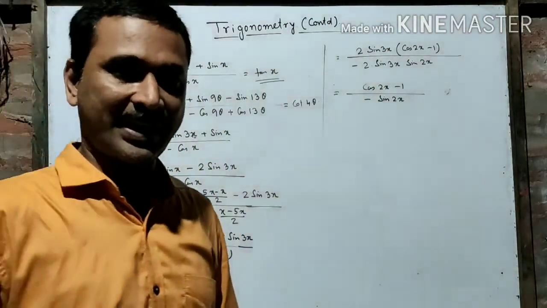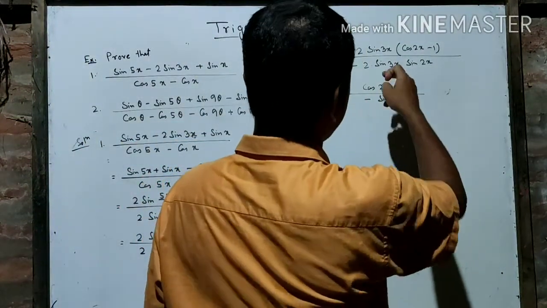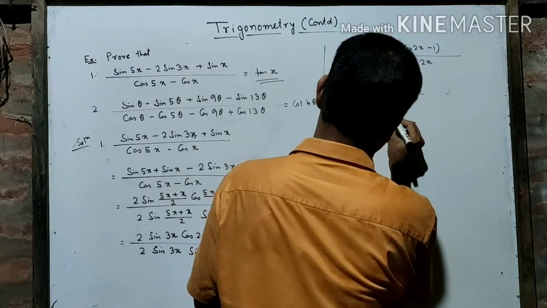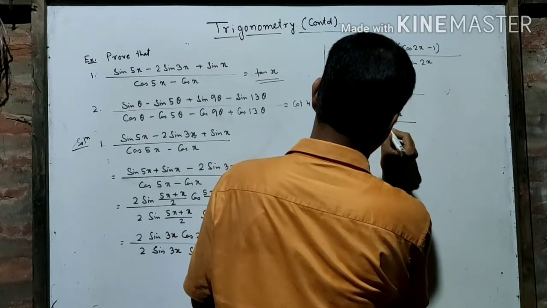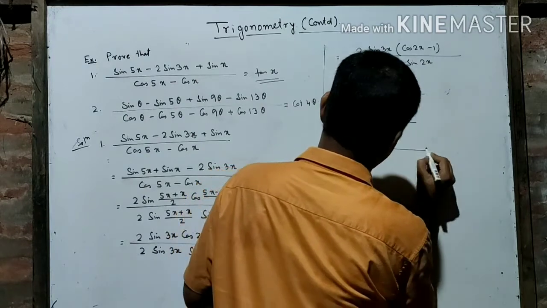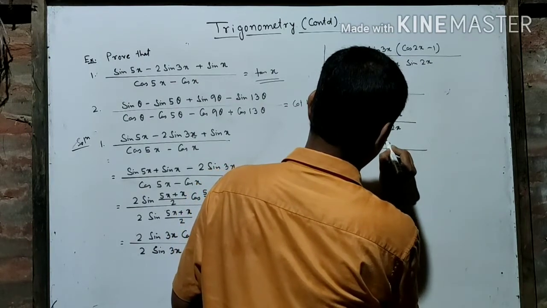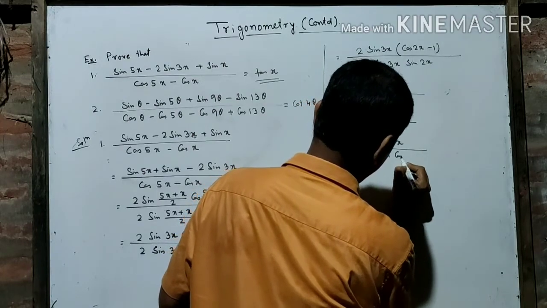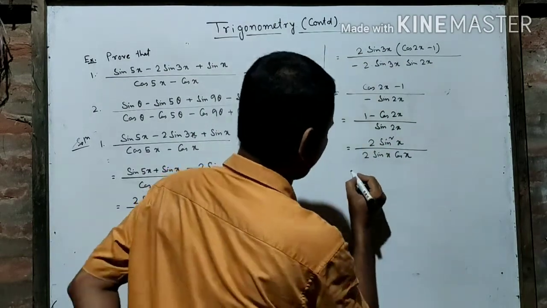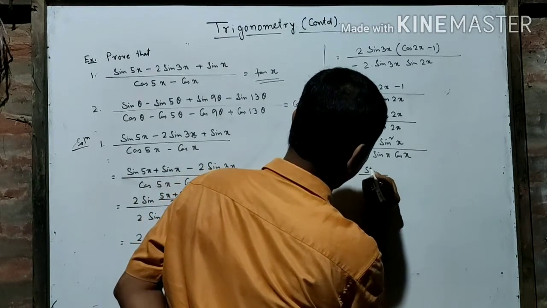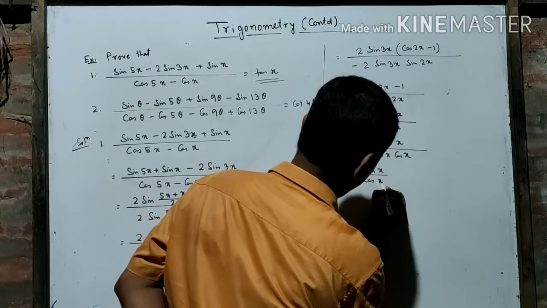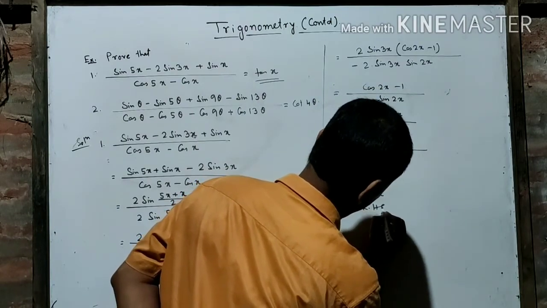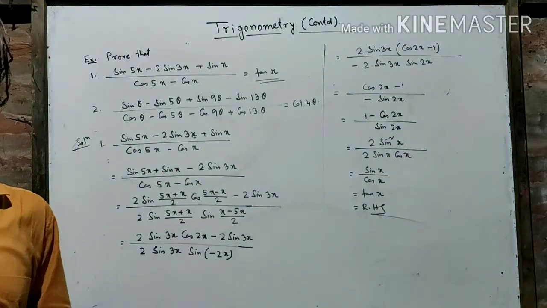We have a formula for 1 minus cos 2x, so we will adjust this minus in the numerator. So this will be 1 minus cos 2x divided by sin 2x. 1 minus cos 2x is 2 sin square x, and sin 2x is 2 sin x into cos x. 2 sin x are cancelled, and we are left with sin x by cos x equal to tan x, which is our right answer. The question is correct.